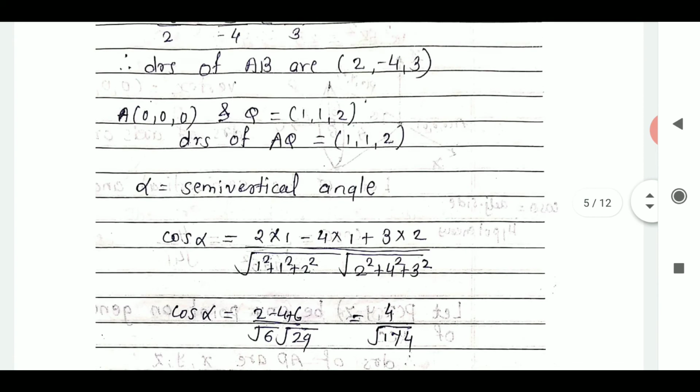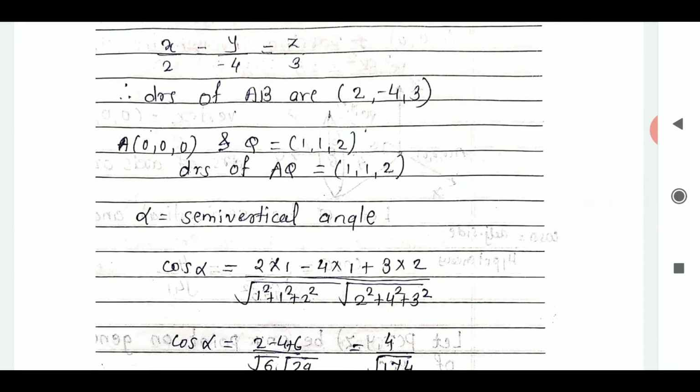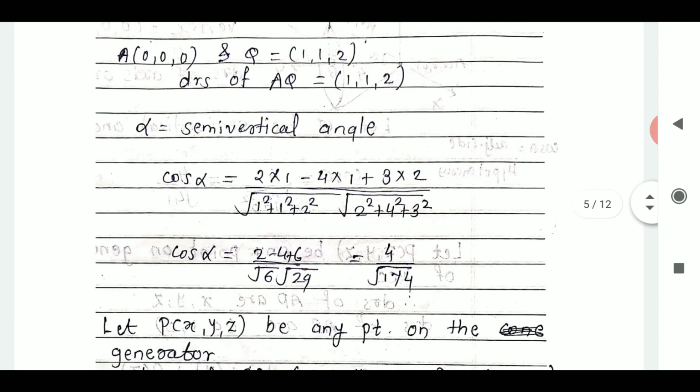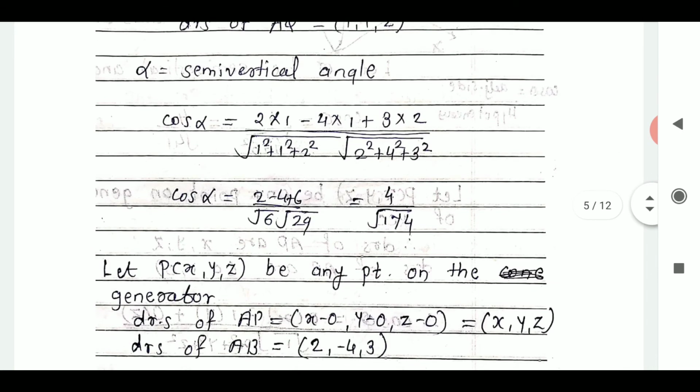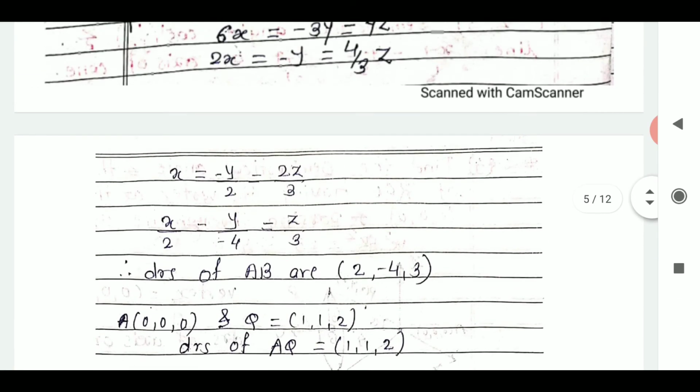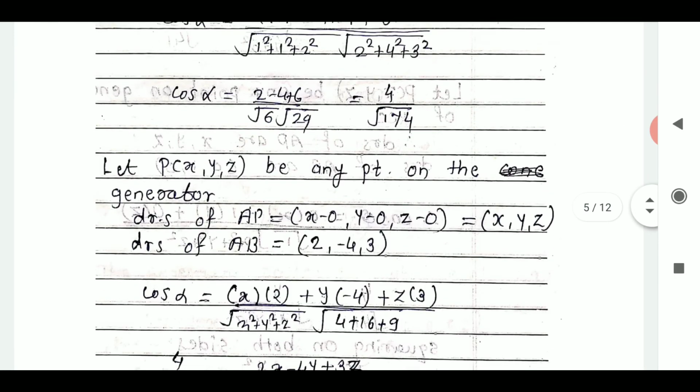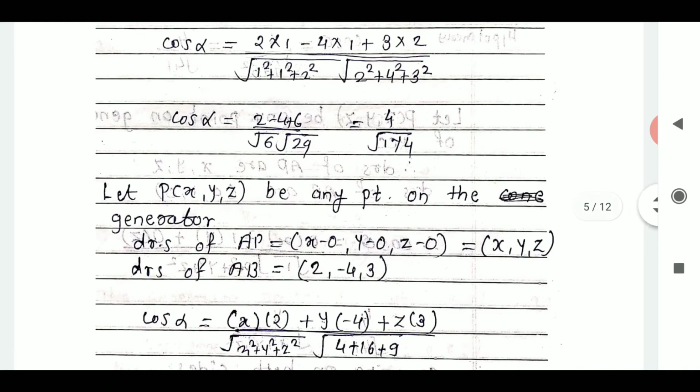Here A1, B1, C1 are 2, -4, 3 and A2, B2, C2 are 1, 1, 2. Substituting, we get cos alpha is 4 upon root of 174. Now we have all the three things. Vertex is the origin, axis is given, we write it in standard form x/2 = y/-4 = z/3, and the angle cos alpha = 4/√174.